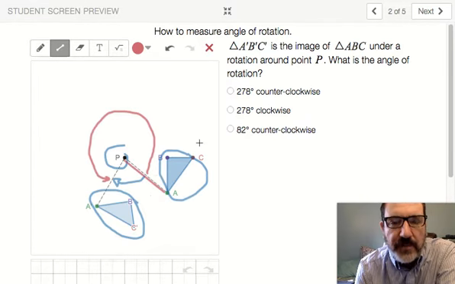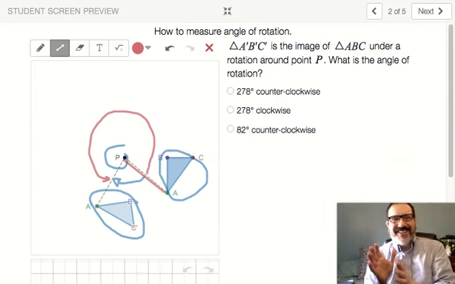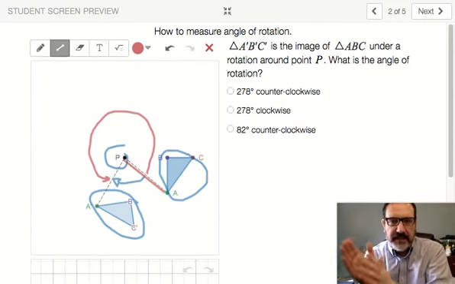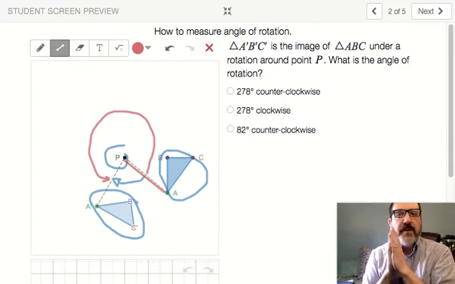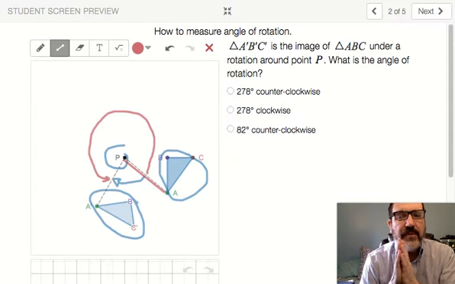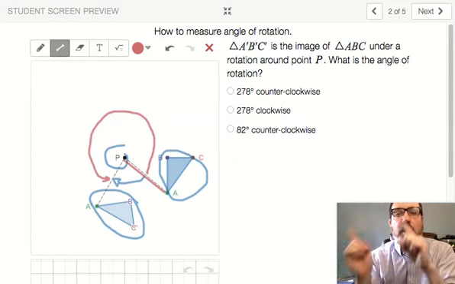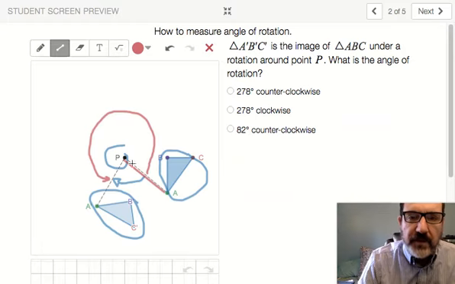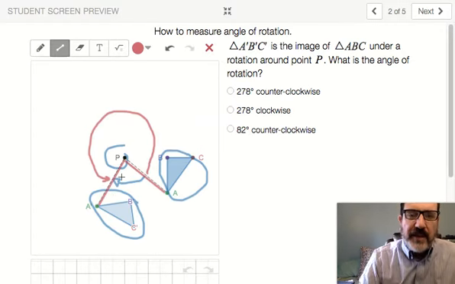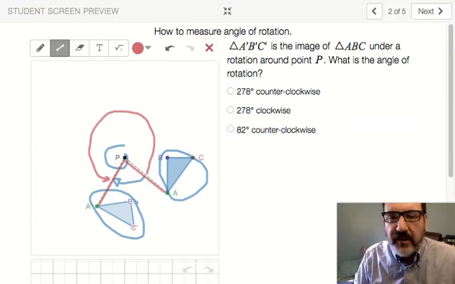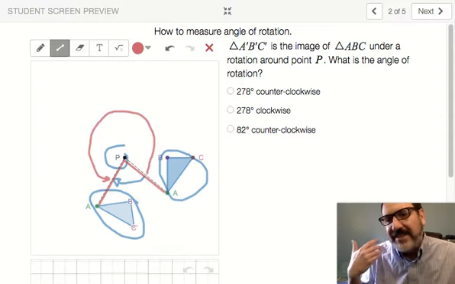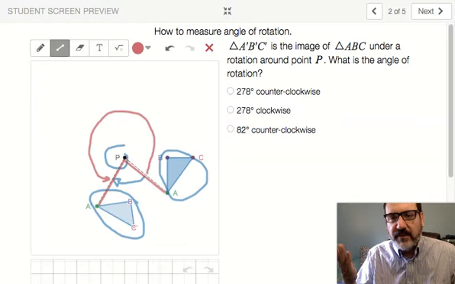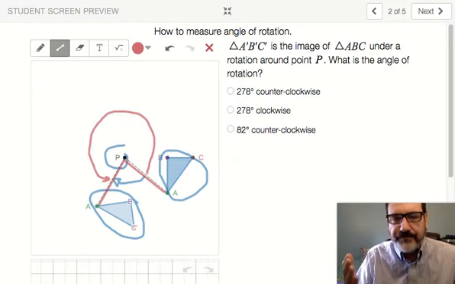On the first problem of the quiz, I put the guidelines in there because you need to think about those when you are measuring an angle. If I didn't put the guidelines in, you can draw them in. You kind of got to draw the angle to figure out what the angle of rotation is. Some of us can think it without drawing it, but a lot of us will need to draw that in there.